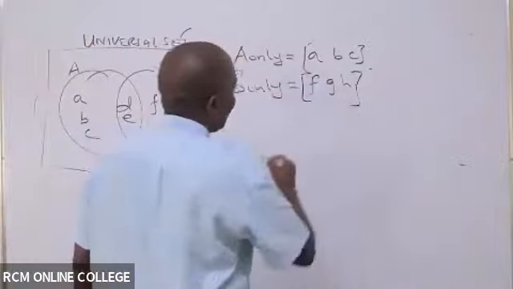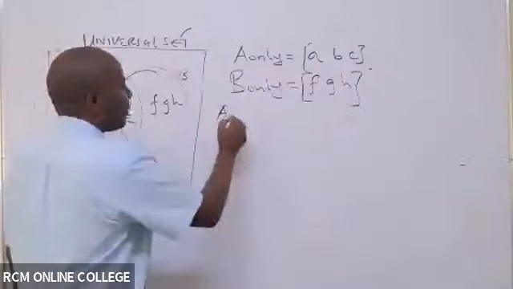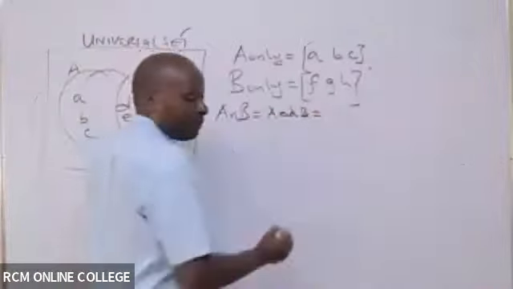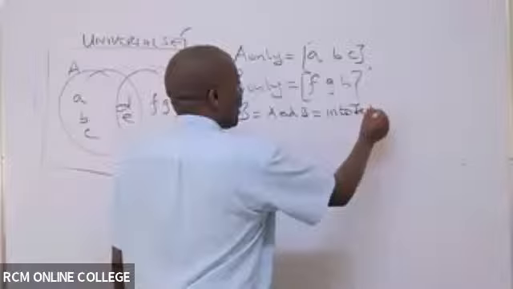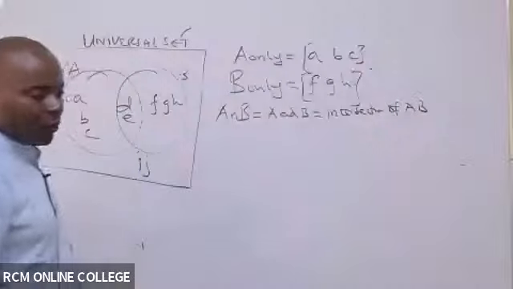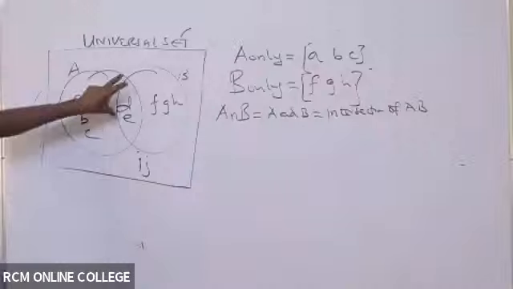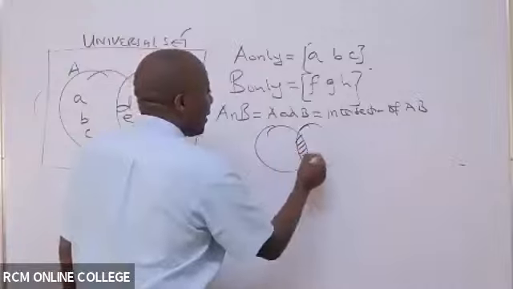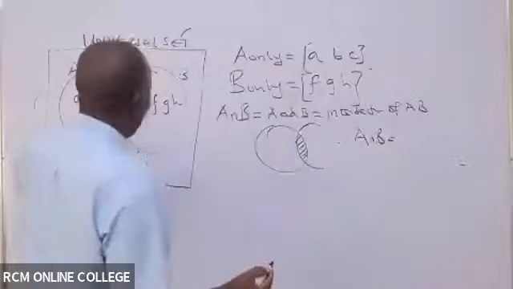And then most importantly, what if somebody wants A and B? We call it like this, A and B. This is the intersection, the members that are in between, the intersection of A and B. So when they talk of A and B, always think about the intersection.